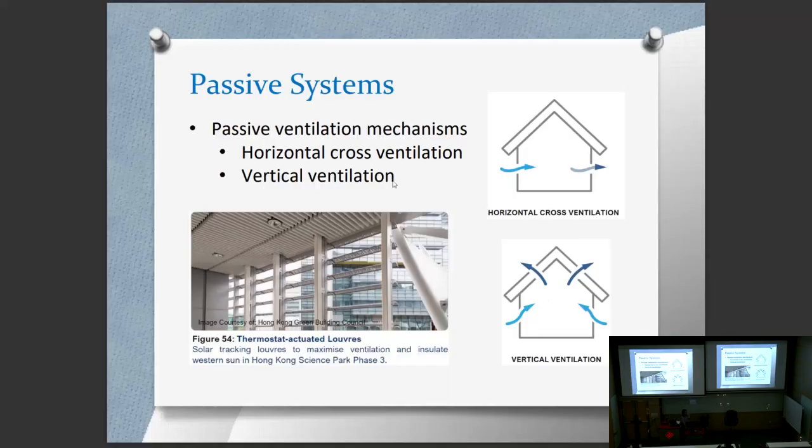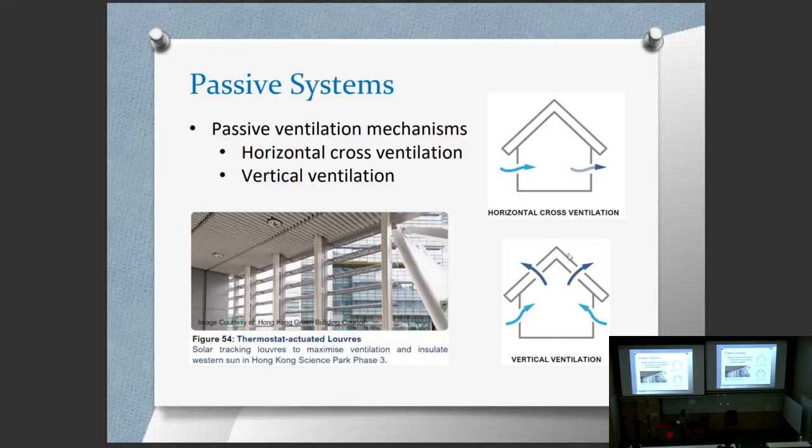Another one is vertical ventilation. We have openings on the top of the building and also at the bottom of the building. It is primarily driven by buoyancy, which relies on the fact that warm air will rise and exit through the higher opening, and it allows cool air from the exterior to enter the building through the lower opening.